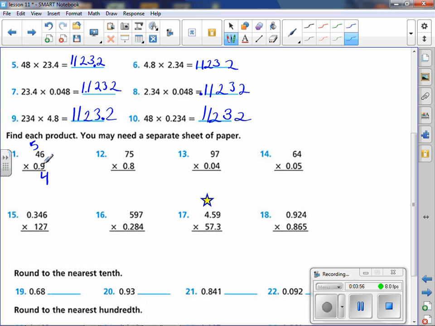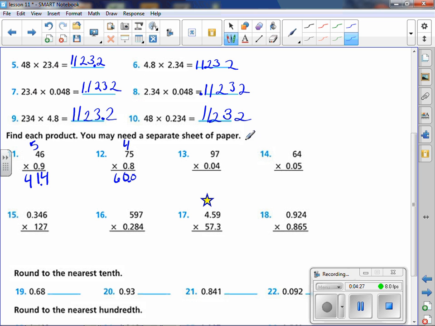All right, 9 times 4 is 36, plus 5 is 41. And then I know I need to put my decimal place 1 place value over, so I'm going to go ahead and do that. Okay, 8 times 5 is 40, carry that. 56 plus 4 is, yes, 60, and then 1 decimal place over, so 60 even.